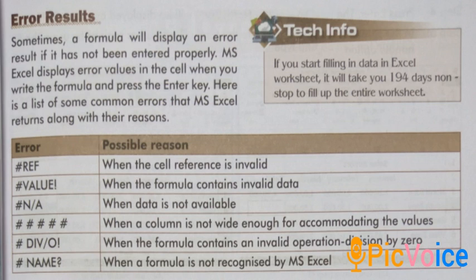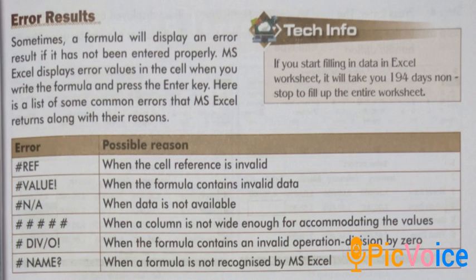When the cell reference is invalid, the error will display #REF!. When the formula contains invalid data, the error is #VALUE!. When data is not available, the error will display #N/A.